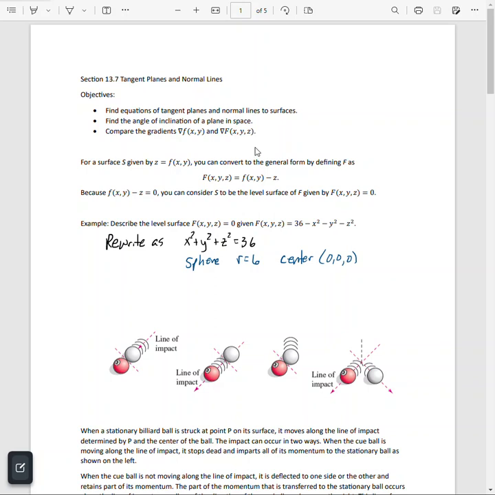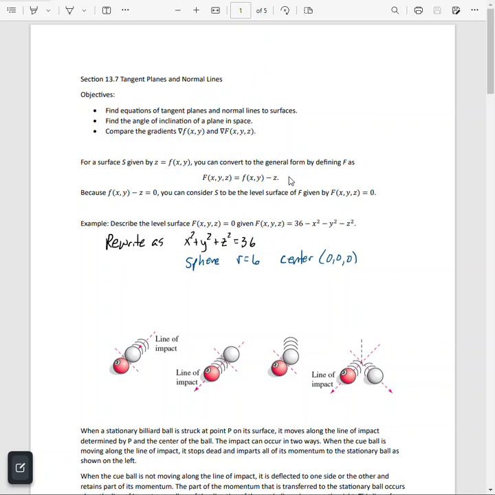Before we could really talk about them much, let's look at the definition of this gradient of capital F. For any surface S given by z equals f of x, y, we can convert to the general form by defining capital F as a function of three variables: capital F of x, y, z equals f of x, y minus z.